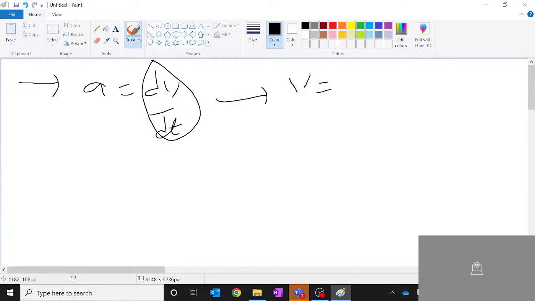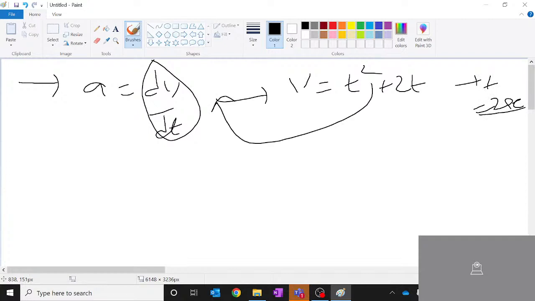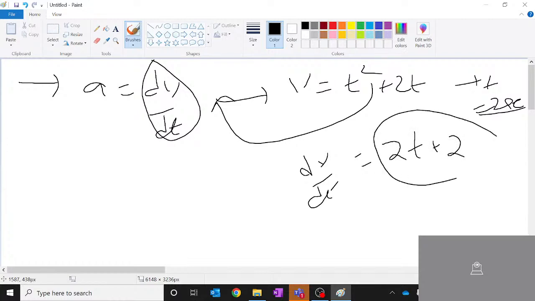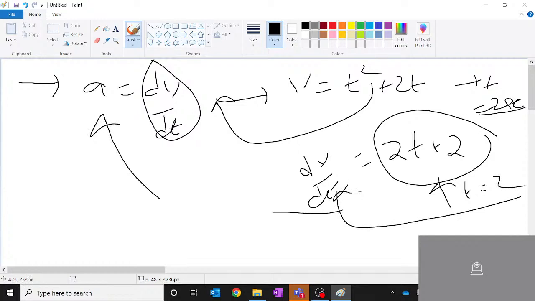If I give you v as t square plus 2t, and ask you to find the acceleration at t equal to 2 seconds, all you have to do is differentiate this. dv by dt is 2t plus 2, and at t equal to 2 seconds you find the acceleration. As simple as that. Clear?